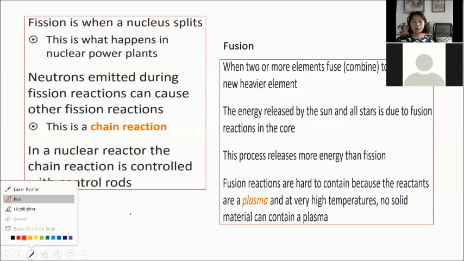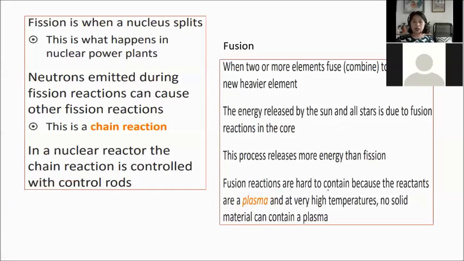But then, fusion reactions are hard to contain because the reactants are plasma at very high temperatures, therefore no solid material can contain a plasma. So sa mga nuclear reactors, usually yung fission ang ginagamit. That's splitting of a large or heavy nuclei to form light nuclei.